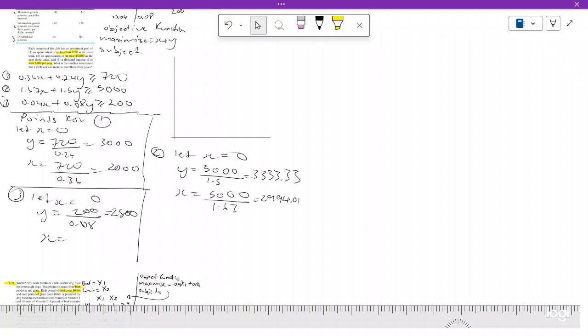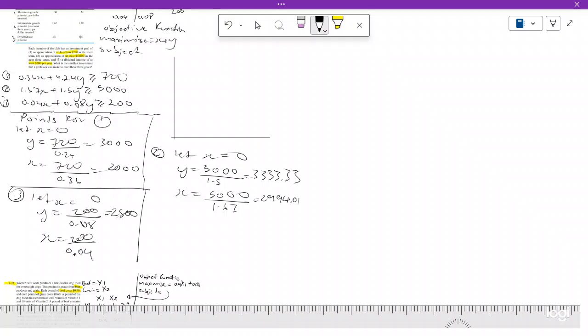So we are testing all of them. We need to test all of them. But because there are two that we can't really determine from just looking at them, we need to solve the two equations.